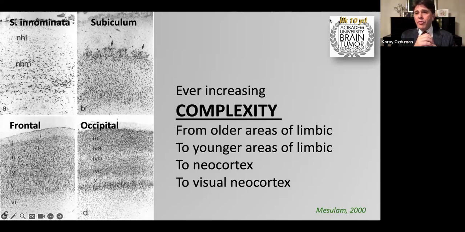And in this portion, you see that the neuronal bodies are haphazard. They're not organized. They're just lying around, just like in the nuclei of the brainstem or in the nuclei of the thalamus. So these look like nuclei rather than the cortical layers of the isocortex or the neocortex that we know.